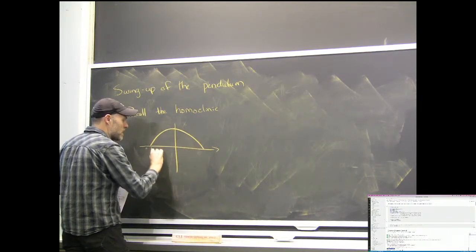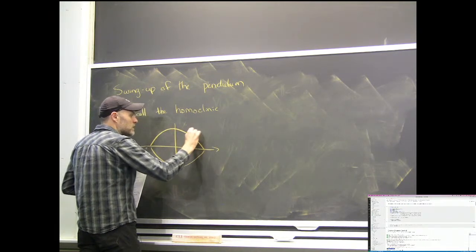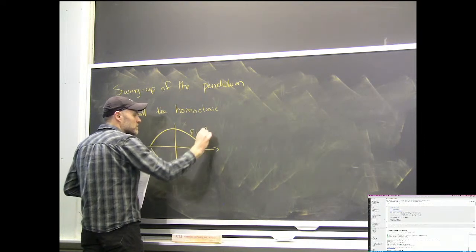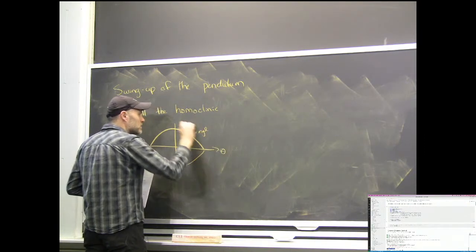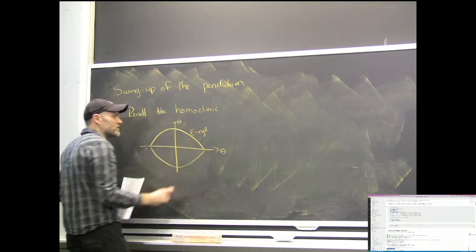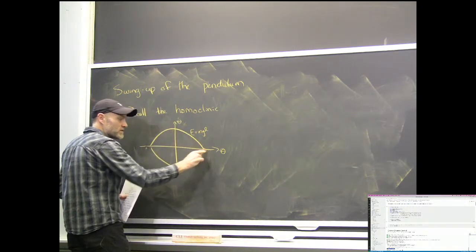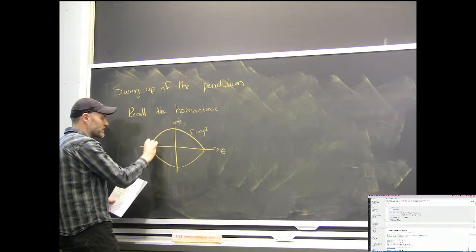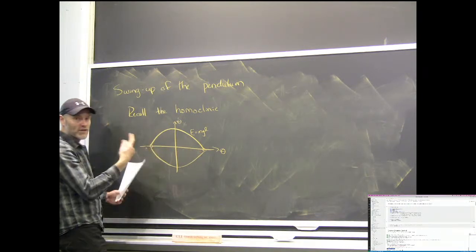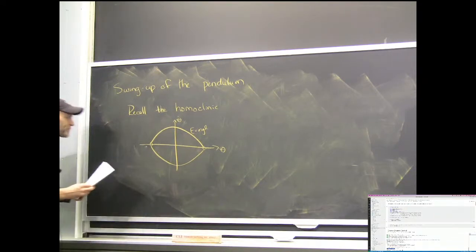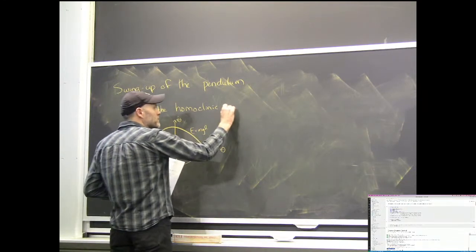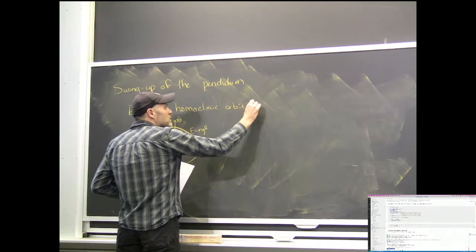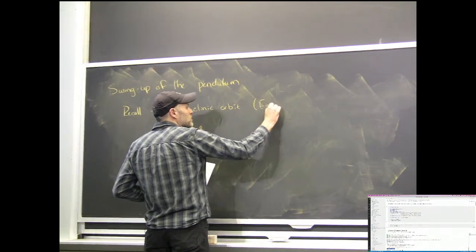This is the E equals mgl orbit. It's called the homoclinic orbit because it visits the fixed point. Some people would call it a heteroclinic orbit, depending on whether you call it the same fixed point or a different one. Okay, the homoclinic orbit, which is E equals mgl.